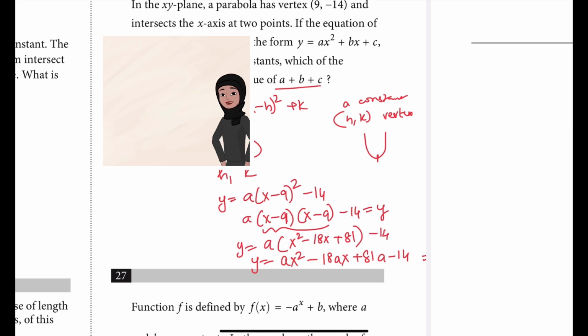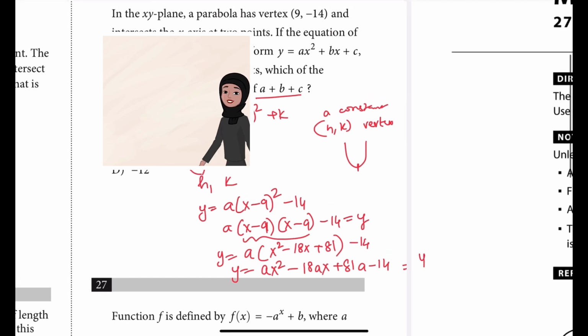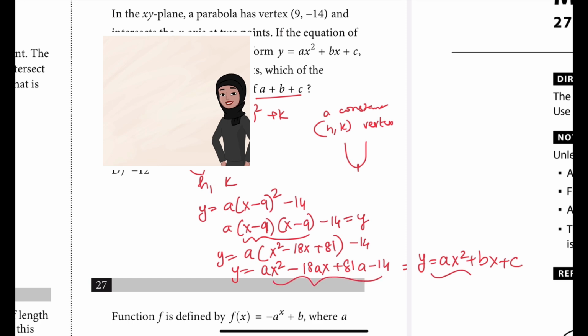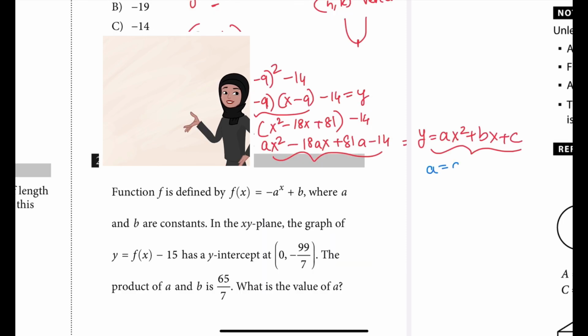Therefore, the equation of the parabola y = ax² − 18ax + 81a − 14 can be compared with y = ax² + bx + c, which is the normal equation of the parabola. Comparing this with this, a is equal to a, b is equal to negative 18a and c is equal to 81a − 14.